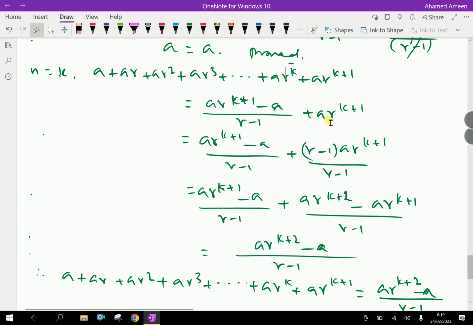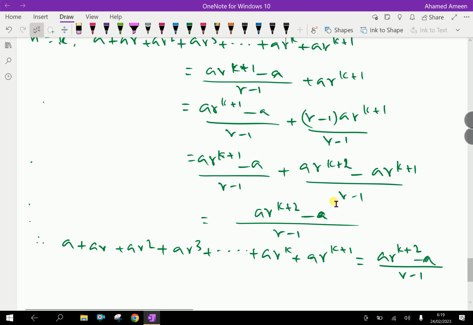Multiply this r with a r^(k+1), which gives a r^(k+2), because r to the power 1 times r^(k+1) gives k+2, and minus 1 times this one is minus a r^(k+1), all over r minus 1.